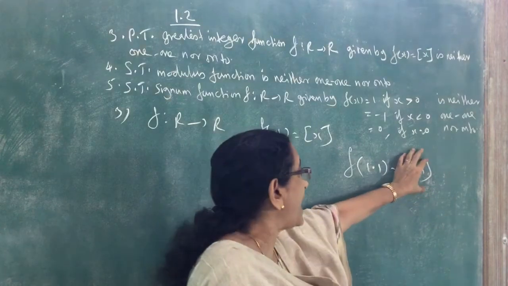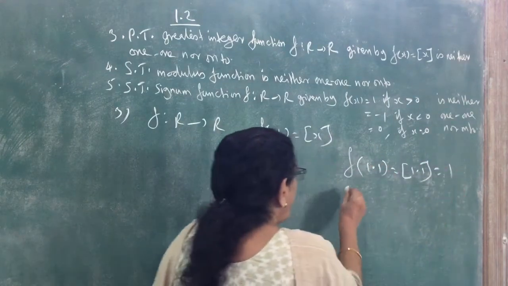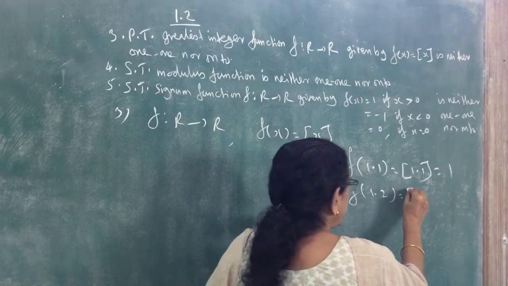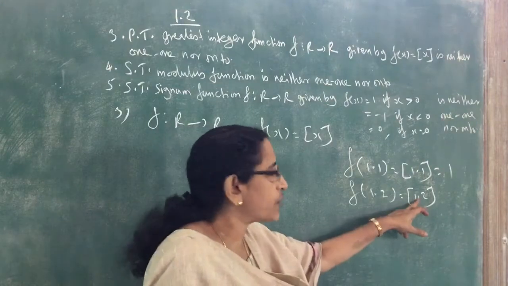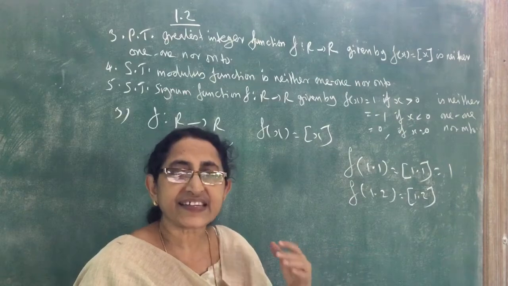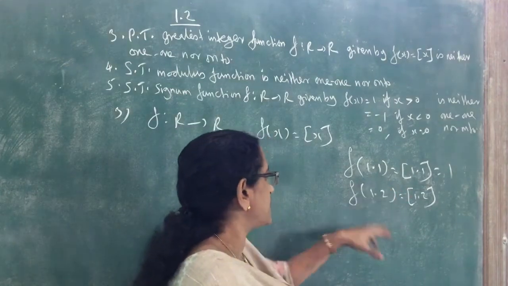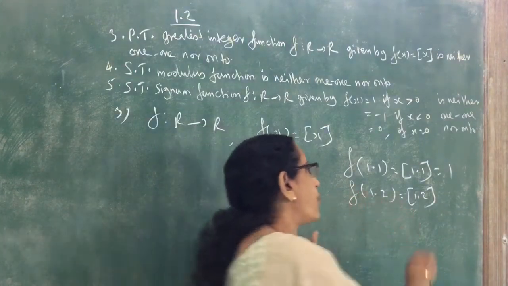So the value of the function f of 1.1 is equal to 1. Now what is f of 1.2? Greatest integer function 1.2, that is greatest integer less than or equal to 1.2. Since 1.2 is not an integer, greatest integer less than 1.2 is 1. So the value of f of x when x equal to 1.2 is 1.